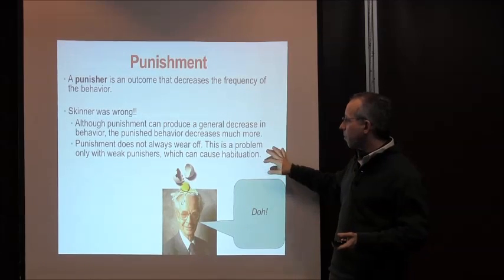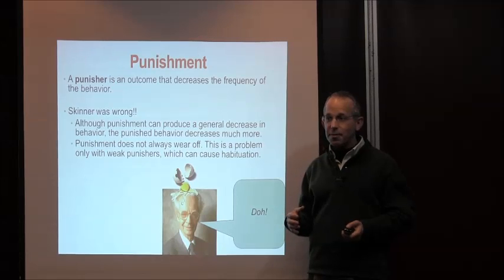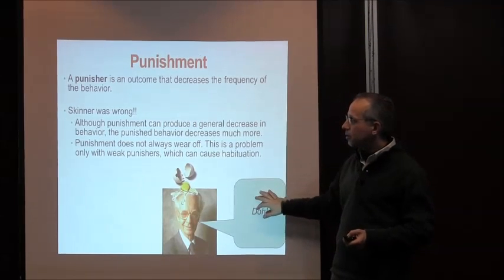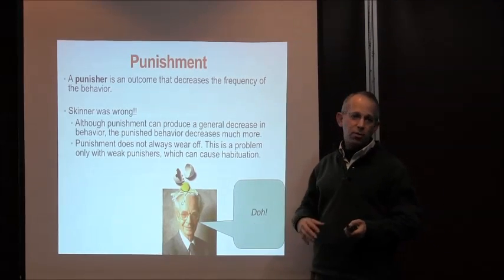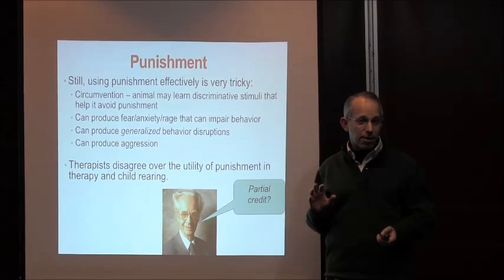And the punishment doesn't always wear off. You can often habituate to a punishment after a while. So Skinner was wrong that you can't do this sort of operant conditioning with punishment, but it's very tricky. It's hard. The answer is it's not impossible.